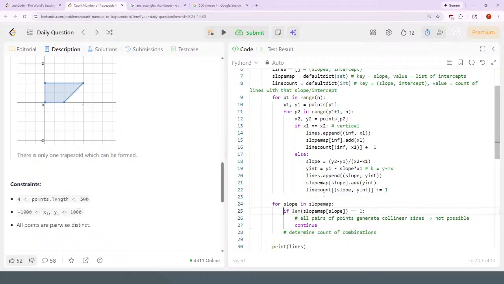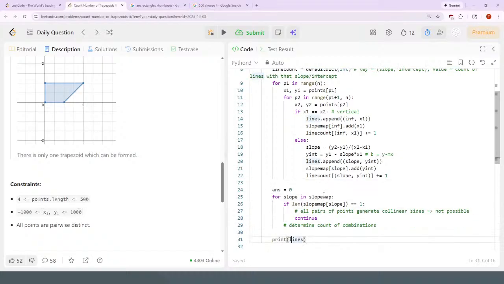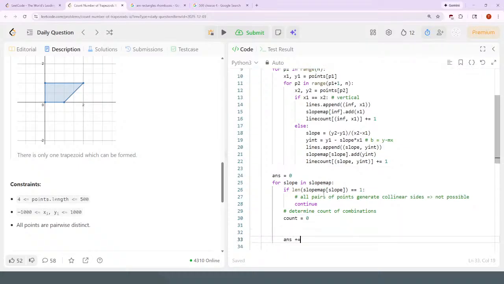So let's go ahead and say answer equals 0 here. And then I'll start with the count of 0 here. Eventually I'll say answer plus equals count. And then here, actually I think I need total.